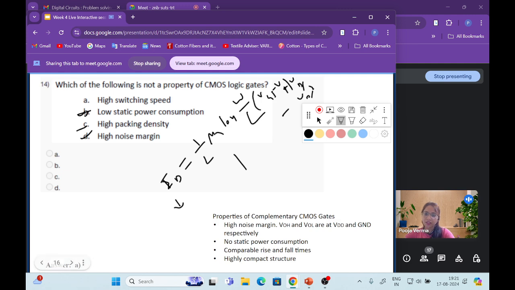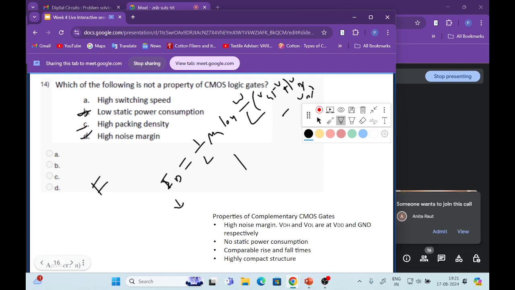So that affects the switching speed, and it also takes two transistors, NMOS and PMOS. The upper side is PMOS and the lower side is connected to the NMOS, right?